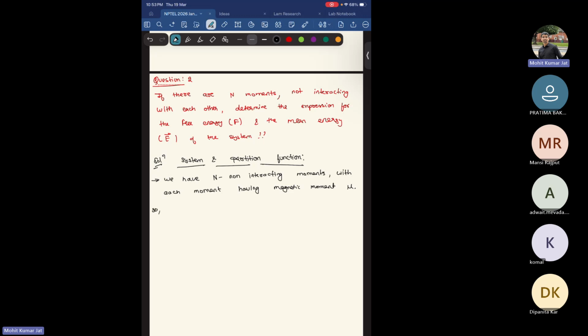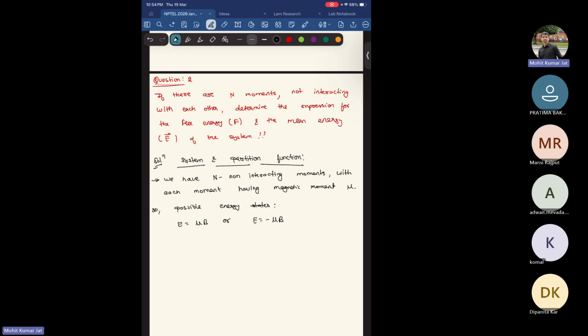So possible energy states are either E equals mu B or E equals minus mu B. These two states are possible.